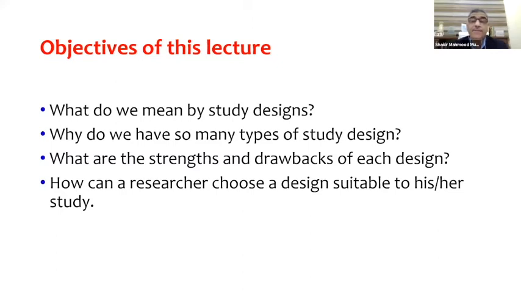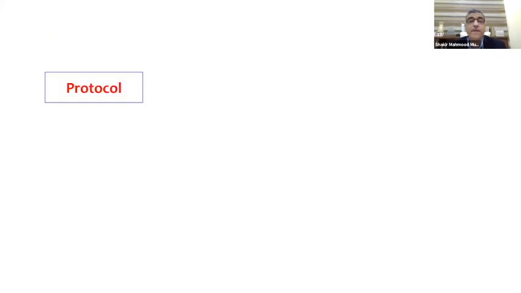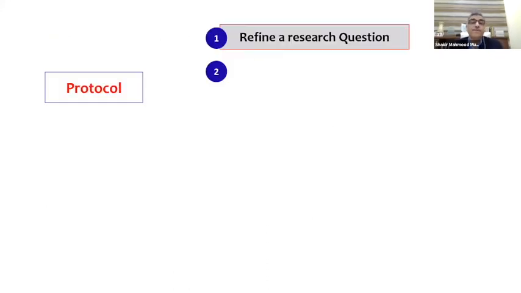At the end, after seeing and listening to this lecture, I hope that you can be able as a researcher to choose the best study design that is going to answer your research question. You may remember from last module that the steps of writing a protocol started from a research question.